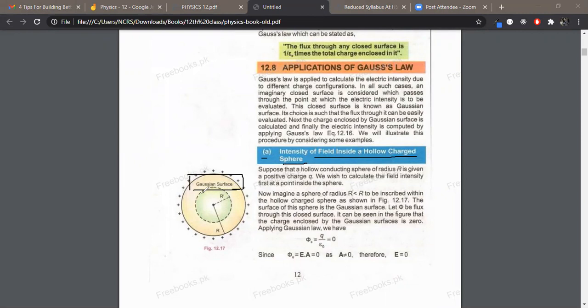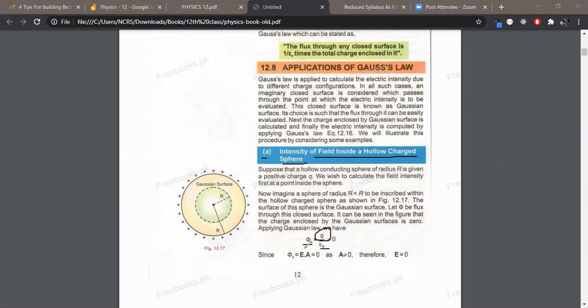As you can see, none of the charge is present inside the surface, because all of the charges are present outside of the sphere that we have. So if you write our equation of flux, phi equals q over E naught, none of the charge is enclosed in our Gaussian surface, so q will be 0.